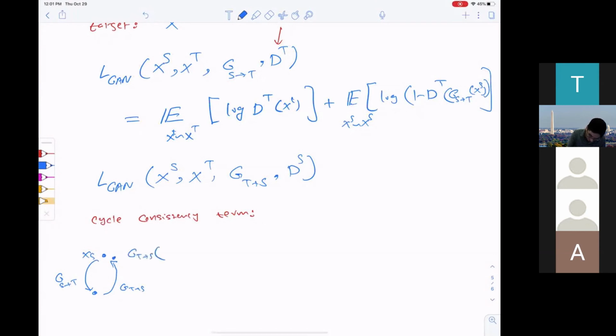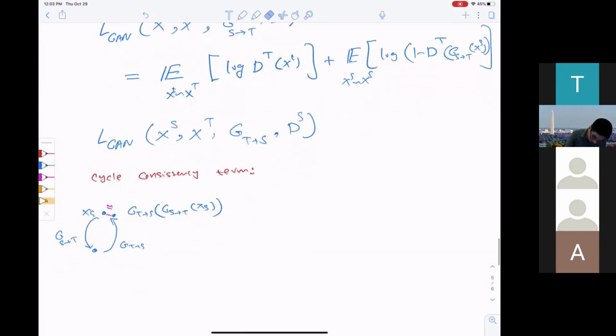G_T→S applied to G_S→T applied to the source sample. I want these 2 points to be close to each other, right? So I want them to be roughly speaking the same. And that's the cycle consistency term that is being added to the loss function.